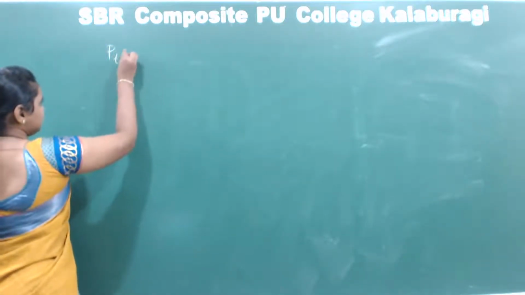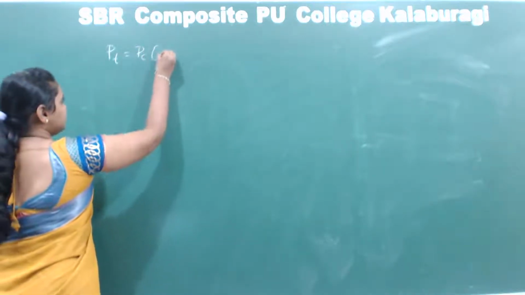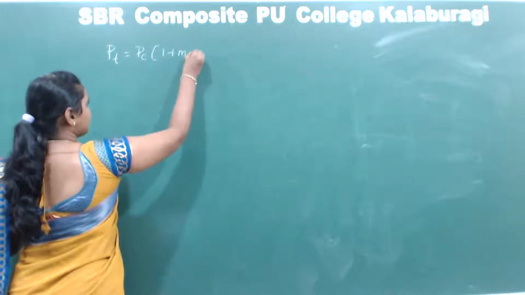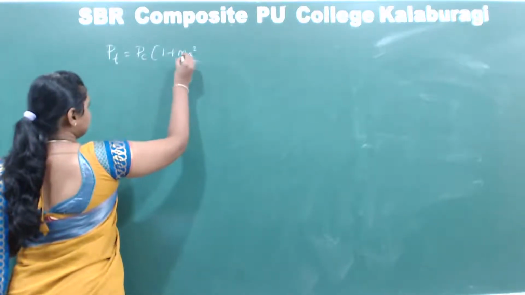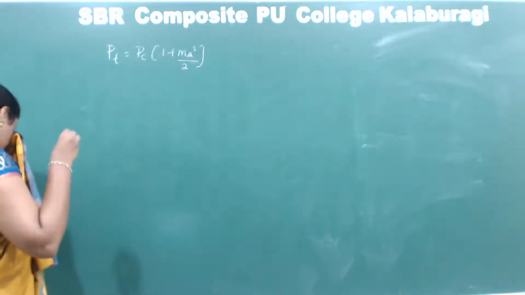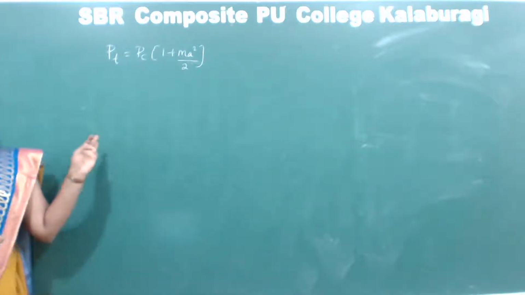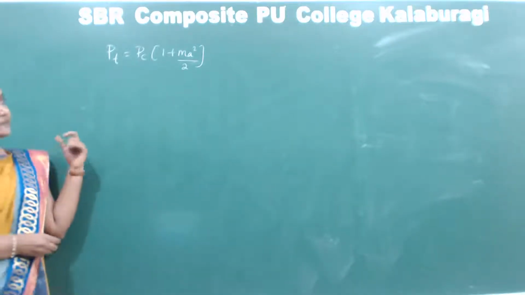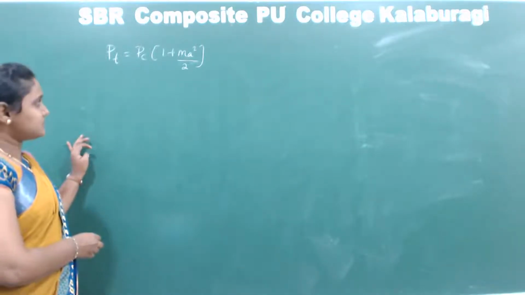from the expression PT is equal to PC into 1 plus MA square by 2. Okay, so this is the expression, right? PT is equal to PC into 1 plus MA square by 2 is the expression.